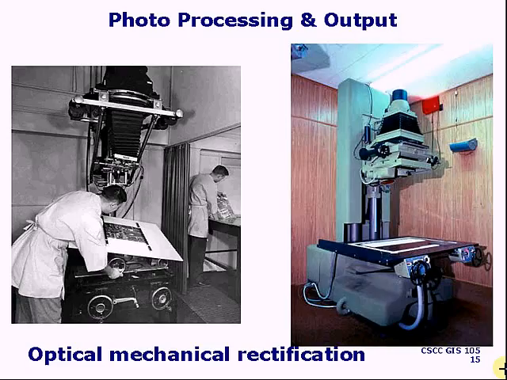I don't even know of one of these optical mechanical rectifiers anymore. For that matter, there really aren't that many photo labs left, because so many things are being done digitally.